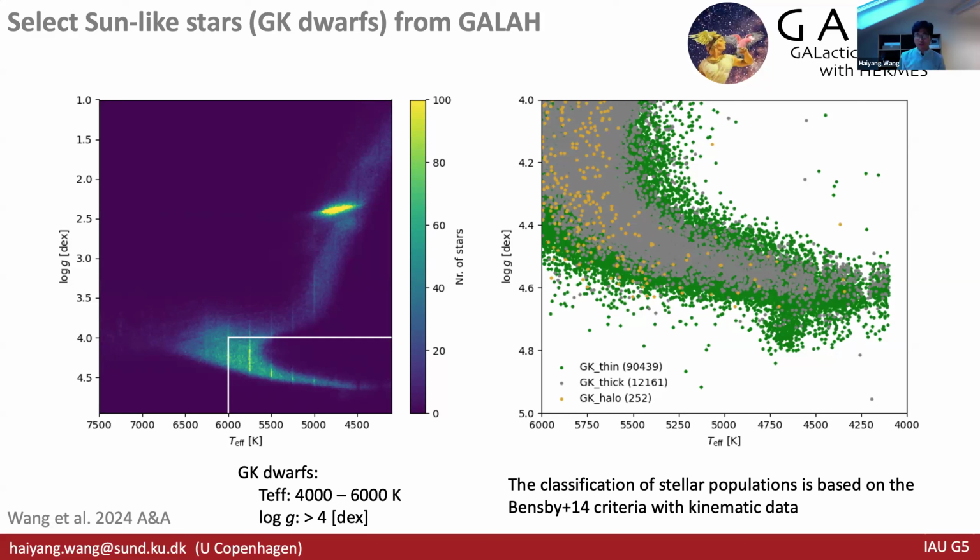Here I extracted the stars, particularly GK dwarfs, from their catalog, and here I show them in a log g and effective temperature diagram, and then further classify our GK dwarfs into different populations: the thin disk population, the thick disk population, and also halo stars.